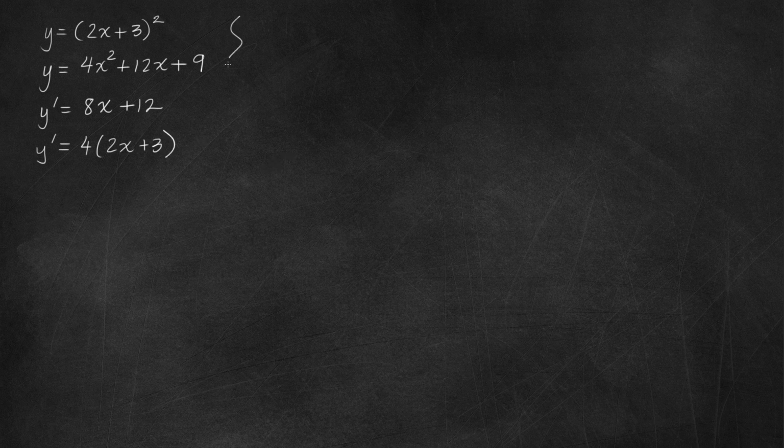Well, another way we could approach this problem is to think of it as a composite function. So I start with y equals the quantity (2x plus 3) squared. And I have my inside function, u equals 2x plus 3.